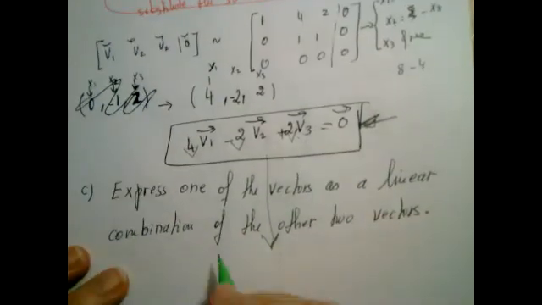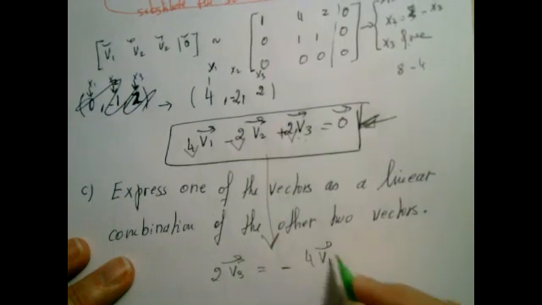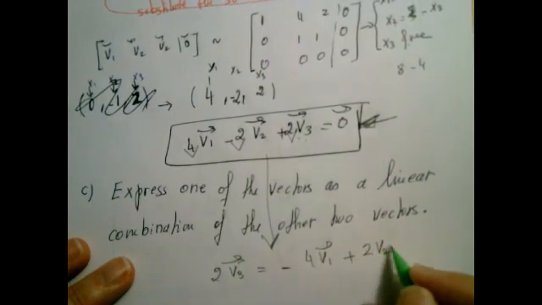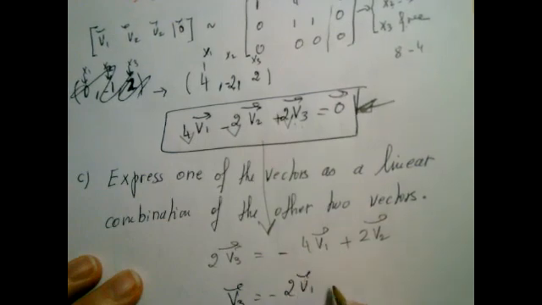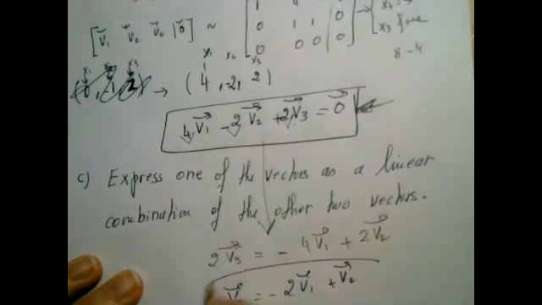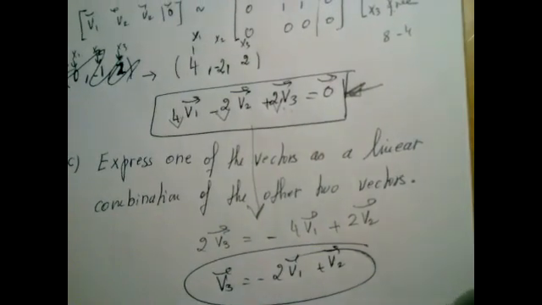So let us solve for V3. So 2V3 is minus 4V1 plus 2V2. It means that V3 is minus 2V1 plus V2. I was able to express one as a linear combination of the other.